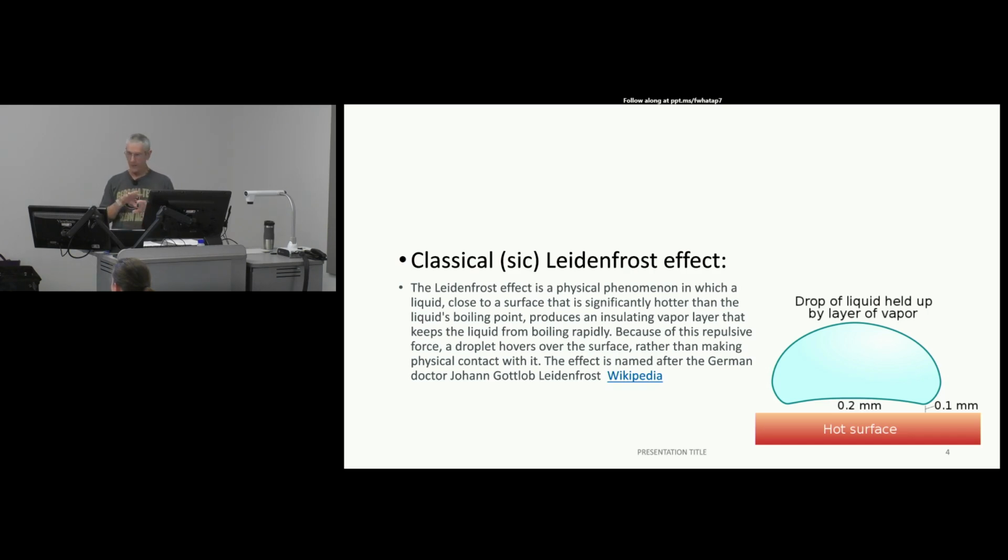And that vapor layer that is generated from the liquid itself insulates the droplet so it doesn't immediately boil off, and it levitates over the surface so long as it can basically fuel its levitation via vaporization.